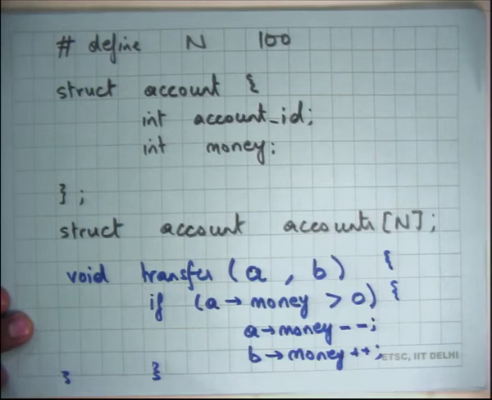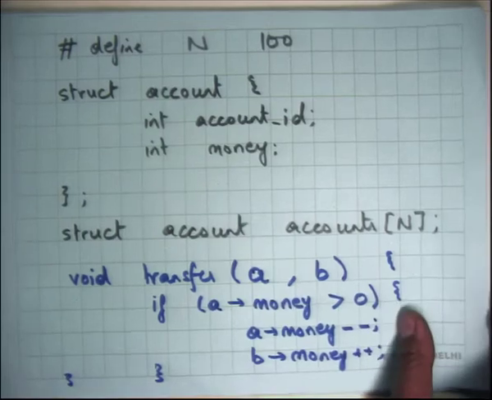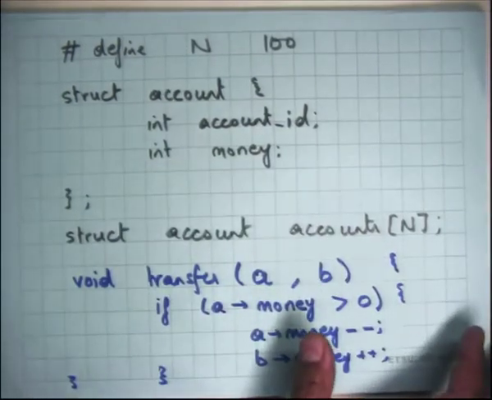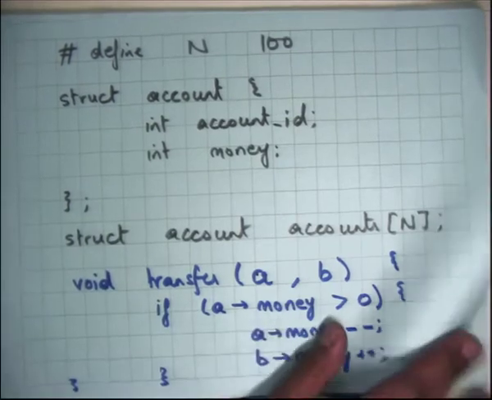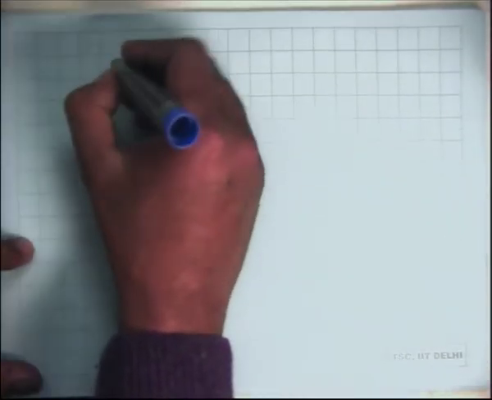So I want to provide this transfer functionality that's going to transfer money from one account to another. Let me rewrite this on a new slide because I'm running out of space here.